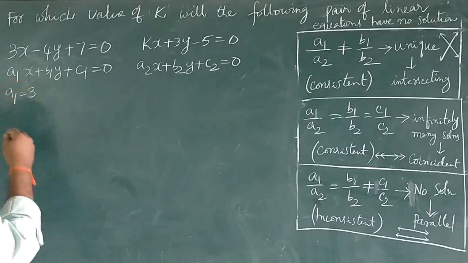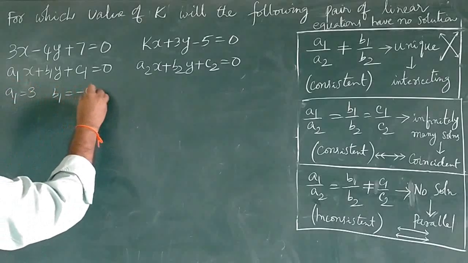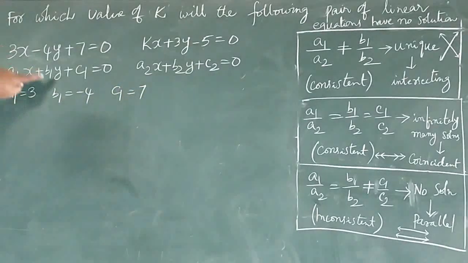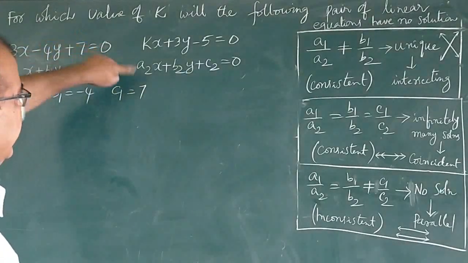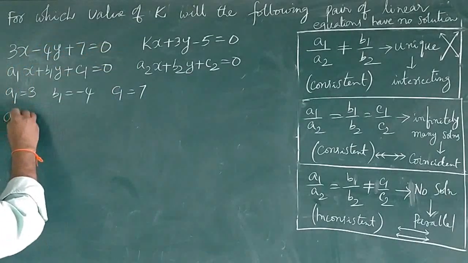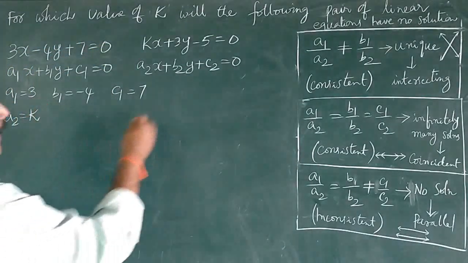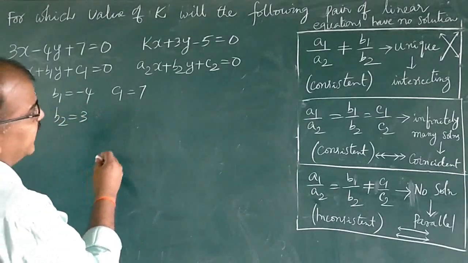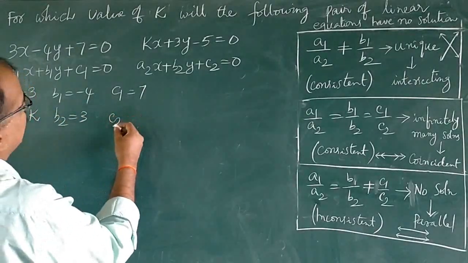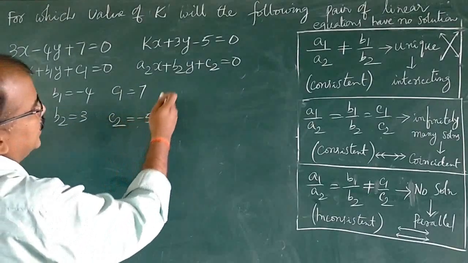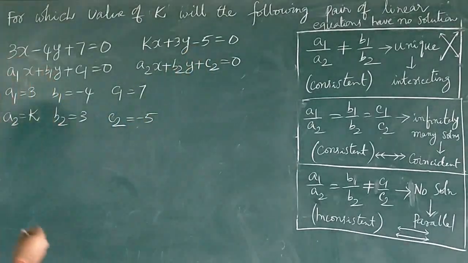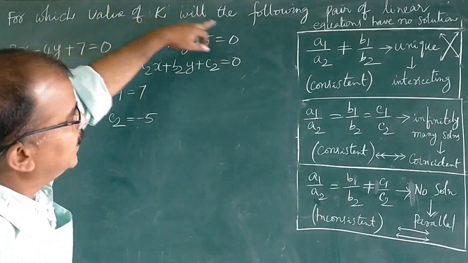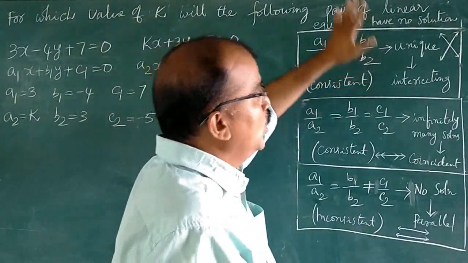a1 is equal to 3, b1 is equal to minus 4, c1 is equal to 7. a2 is equal to k, b2 is equal to 3, and c2 is equal to minus 5. Now the question is for which value of k will the following pair of linear equations have no solution.